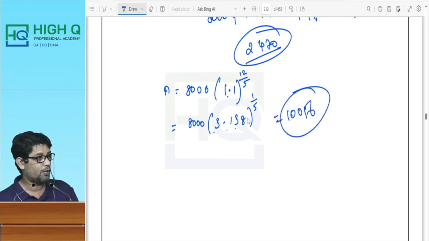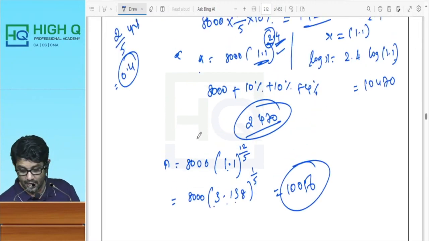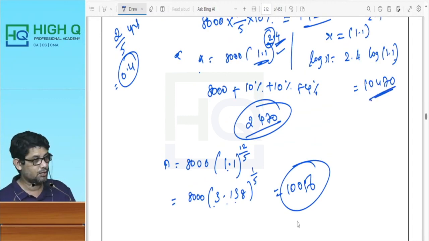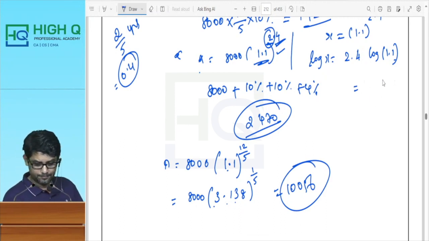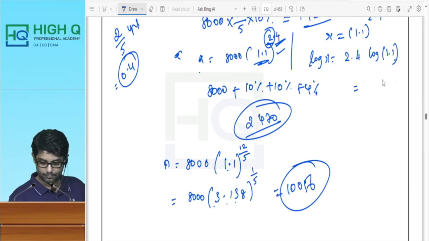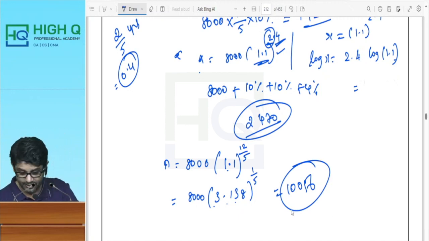I'll get the approximate value. Here we get a big number, but 10,056 approximately. This is what we are getting now. Yes, approximately we are getting 10,056.